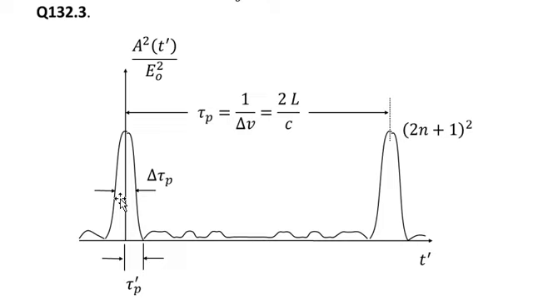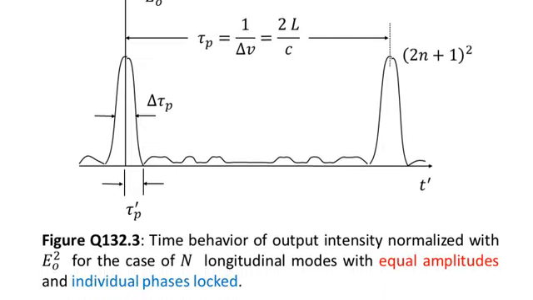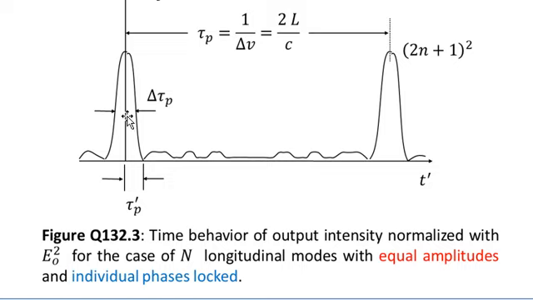Since delta nu is in the denominator, so we have 2L over C. Delta tau p is actually the full width half maximum of each peak, because these pulses are periodic, and the separation between them is 2L over C. And this is delta tau p, which is the full width half maximum of each peak. And the time parameter from 0 to the foot of this peak is tau prime p.